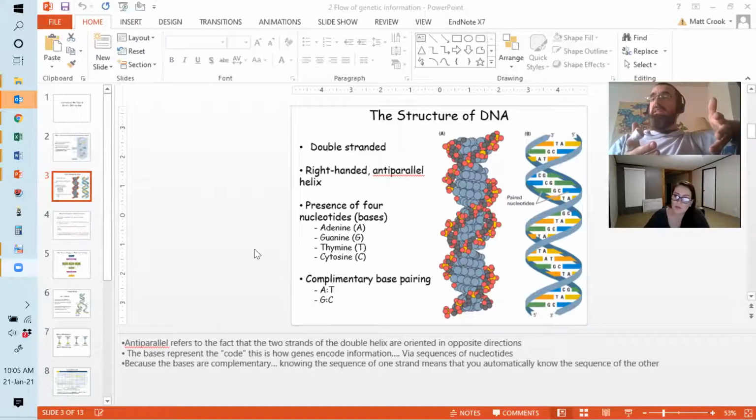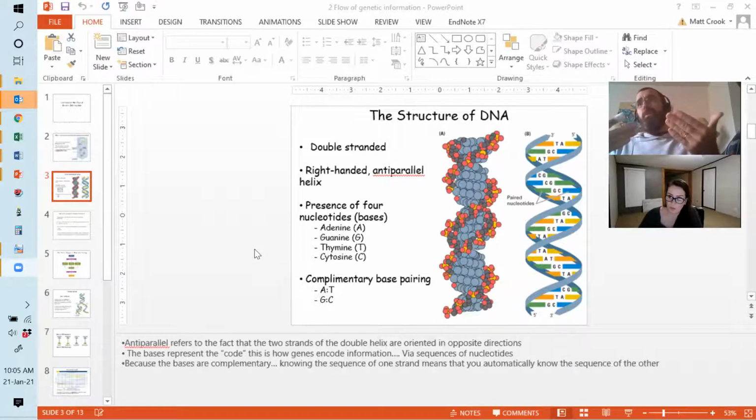And one of the things that we need to do regularly, depending on conditions and what cell we're looking at, is open that DNA, because the information's on the inside. So if we want to read that information by transcribing a gene, or if we want to copy it, we have to pull that DNA apart. And if those were covalent bonds, or actually ionic bonds would be pretty bad too, because they would be affected by the availability of water, which we have a lot of.